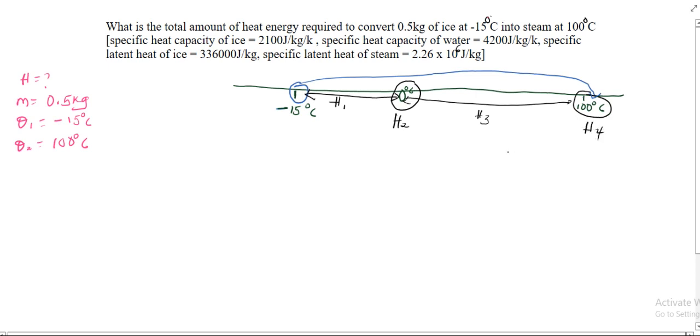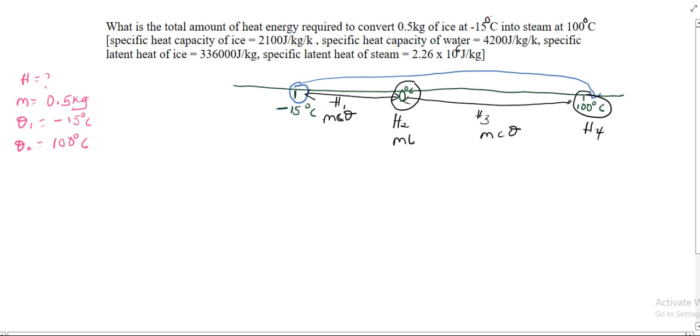Now, to take the ice from -15 to 0, we'll be utilizing mc theta to raise the temperature of the ice. To melt the ice at 0 degrees Celsius, so we can convert it to its liquid state, we'll be using ml. To change the temperature of the water from 0 to 100, we'll be using mc theta.